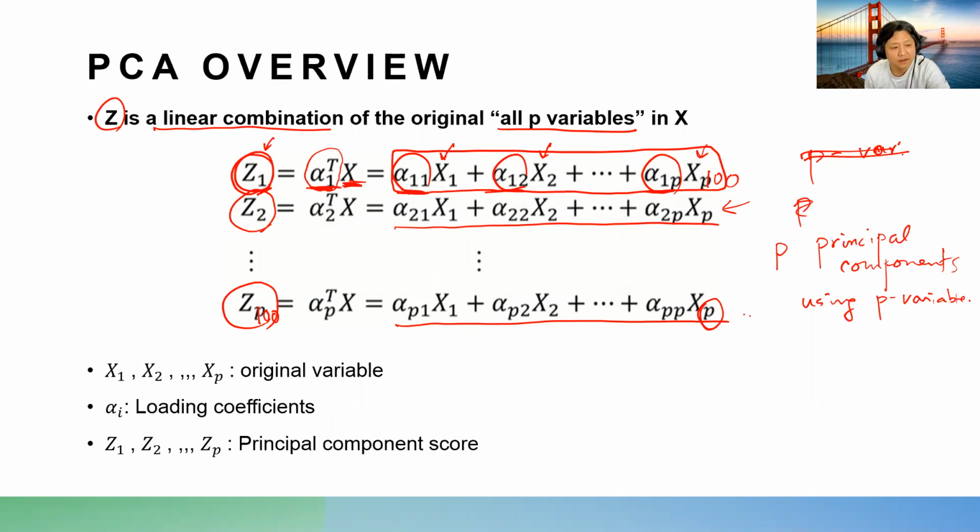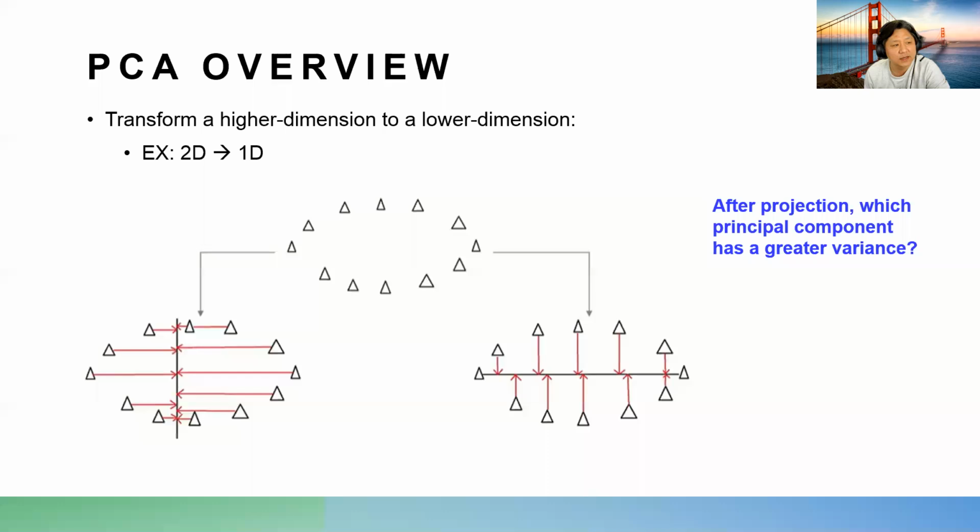Okay. And more example here. So let's say we have 2-dimension data. And then I want to reduce this 2-dimension data to 1-dimension.